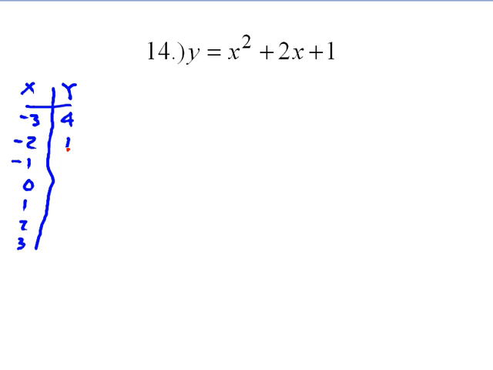Negative 2, y equals 1. Negative 1, y equals 0. For 0, y equals 1. For 1, y equals 4. For 2, y equals 9. And for 3, y equals 16.